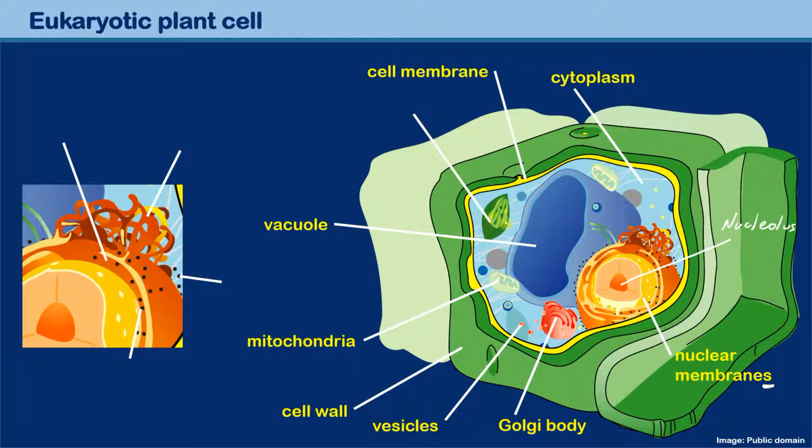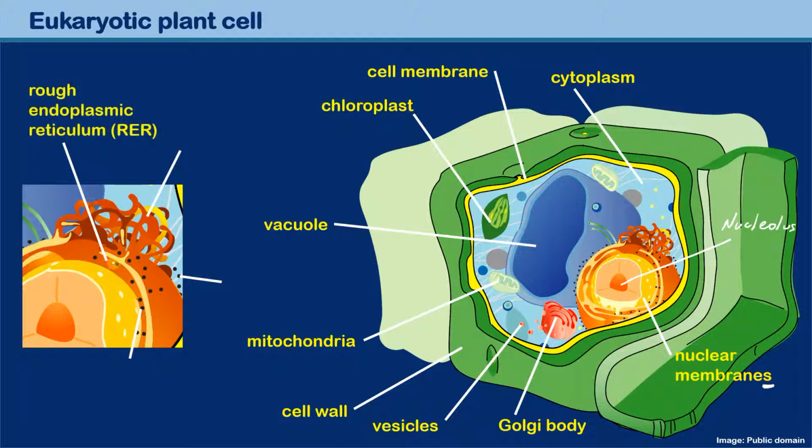As I already mentioned, this cell organelle over here is known as the chloroplast, and it is the part of the plant which is responsible for photosynthesis. Over here, a slightly enlarged picture, because it was otherwise too difficult to label.